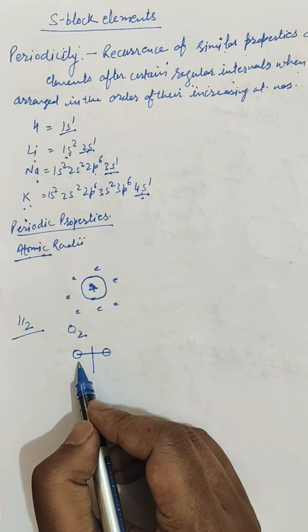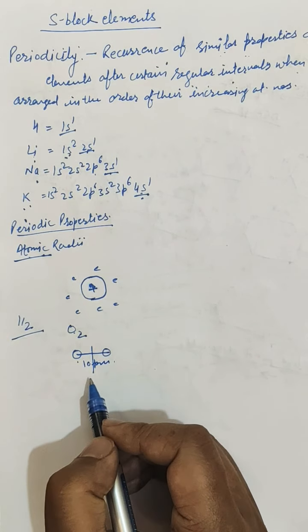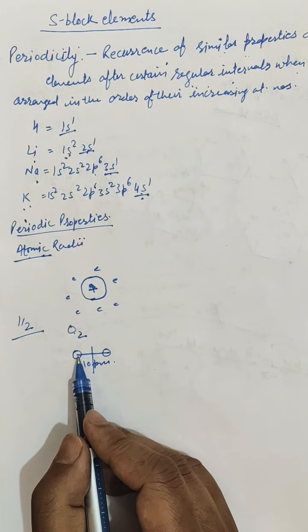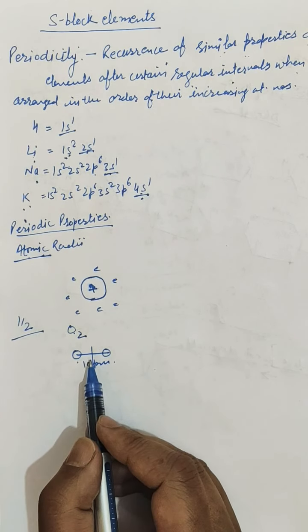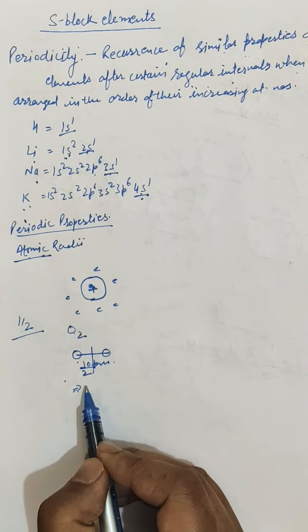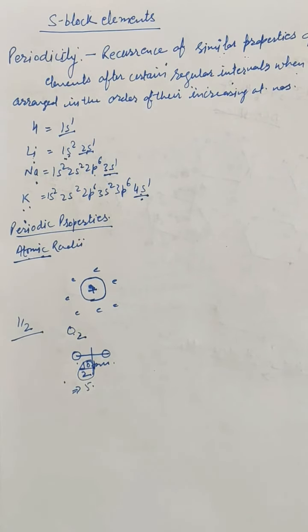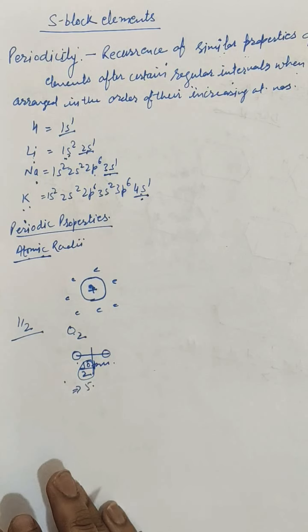If this distance is 10 picometer, or 10 angstrom, or 10 nanometer, then the atomic radius of oxygen in this case will be half of this 10, that is 10 by 2. This is hypothetical, I am just giving you an example; this is not the exact known distance. So this is the covalent radius.